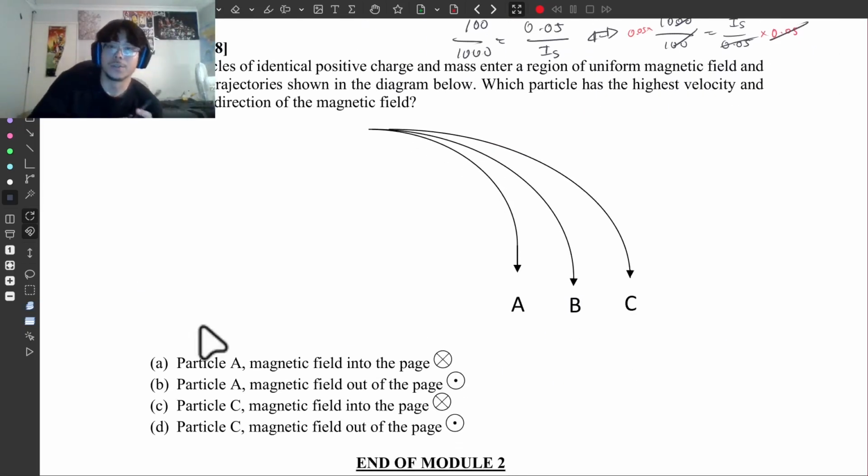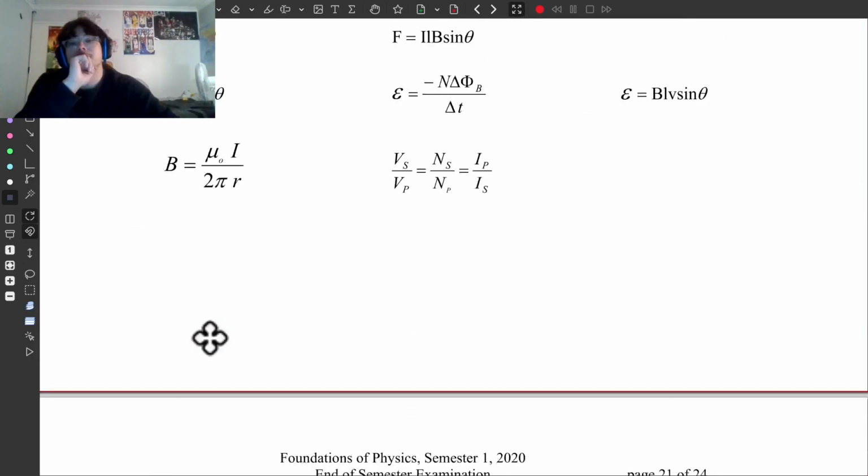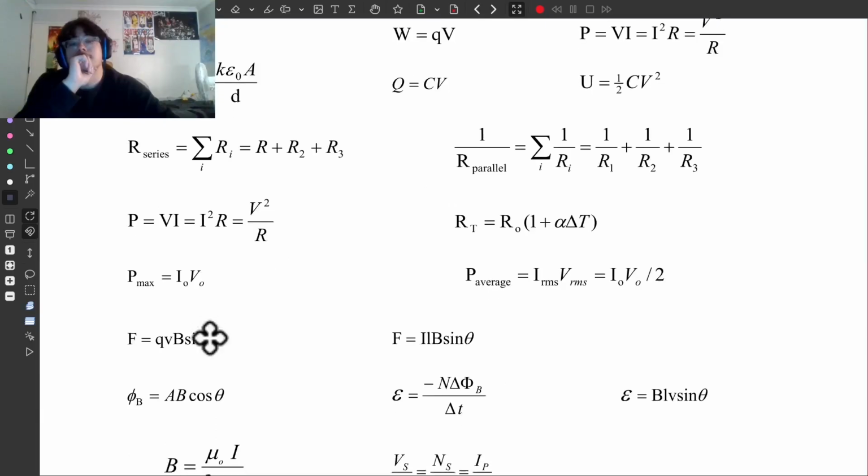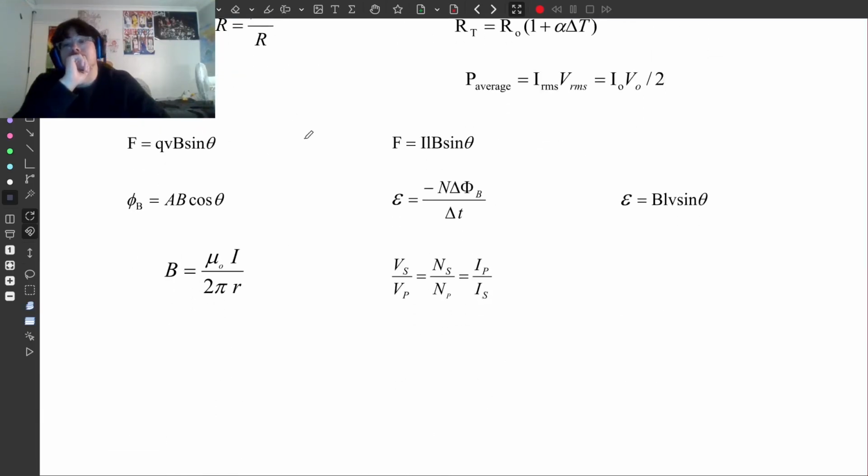Three particles of identical positive charge and mass enter a region of uniform magnetic field and follow the trajectories shown in the diagram below. Which particle has the highest velocity? What is the direction of the magnetic field? So we're going to need to use this equation here.